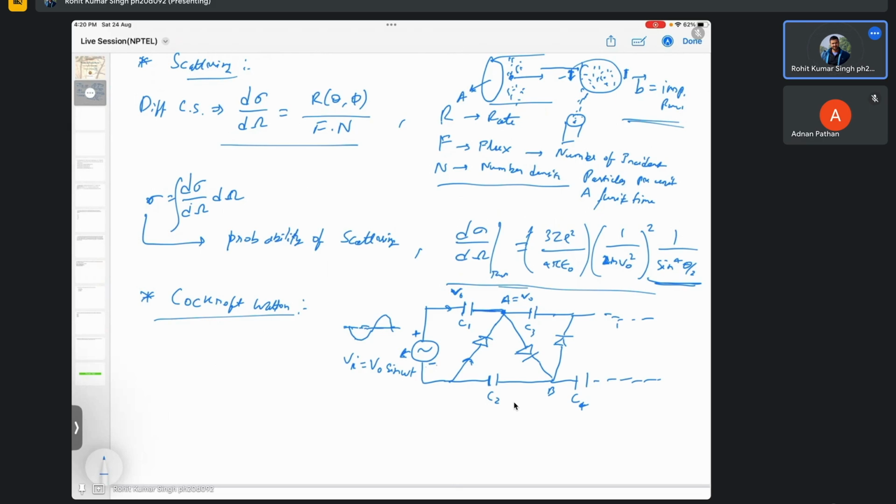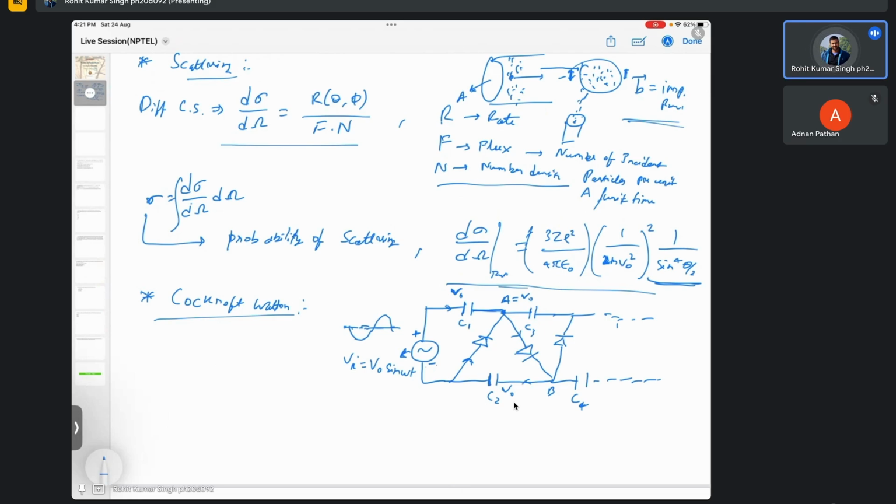Now when current flows through this circuit, it will not come here, it will go through here for the positive cycle, because here the diode is negative biased, and here it is forward biased. And so this capacitor will get charged to V naught, C2, right?